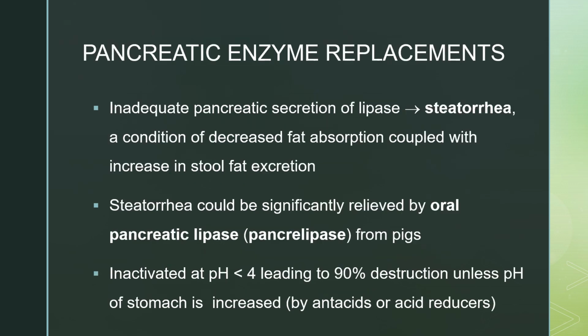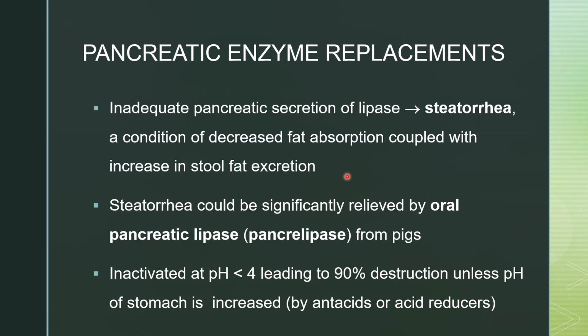For pancreatic enzyme replacements, in conditions wherein there is an inadequate pancreatic secretion of lipase, it will result in a condition called steatorrhea, which is a result of decreased fat absorption coupled with a lot of fat in the stools.